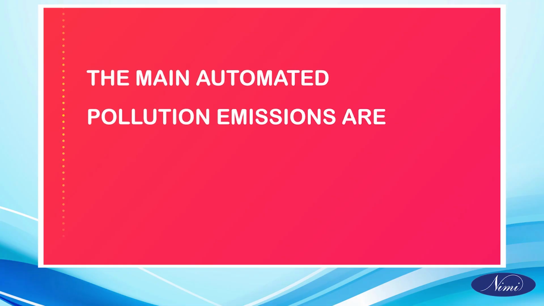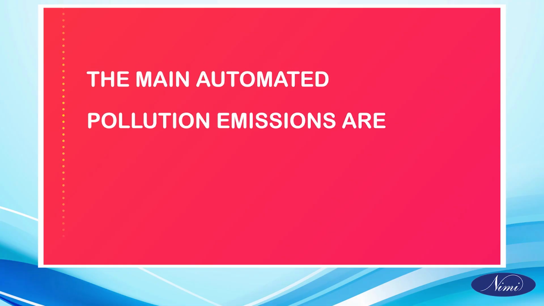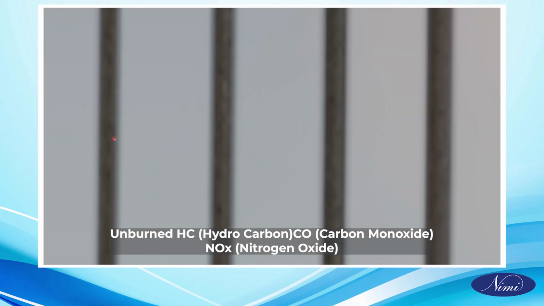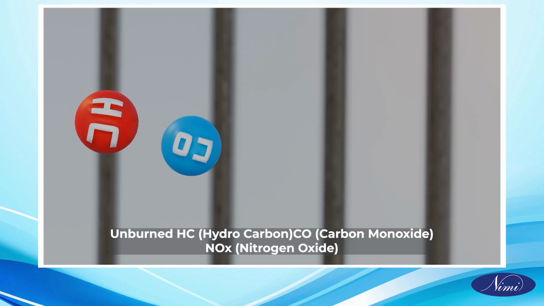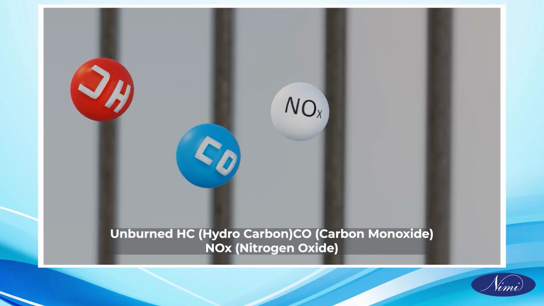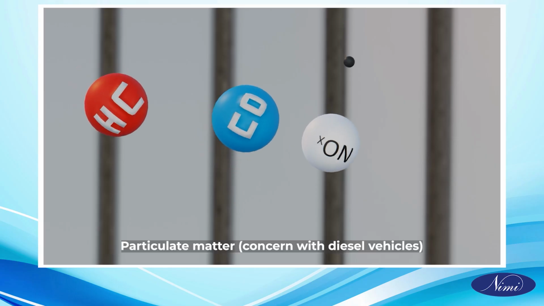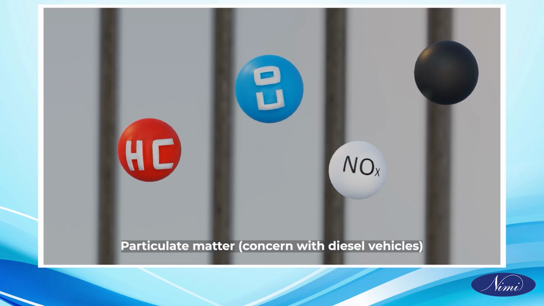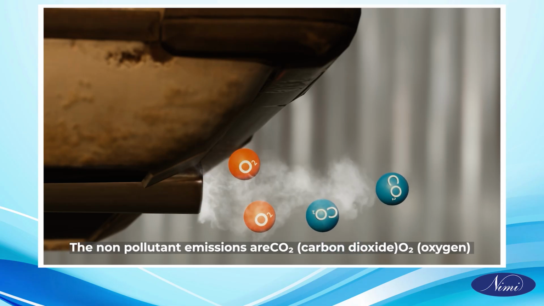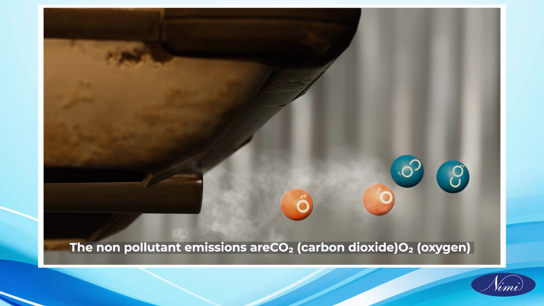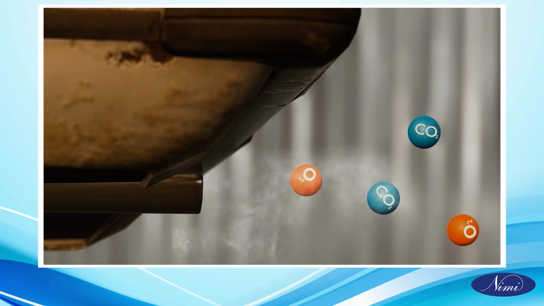The main automotive pollutant emissions are unburned HC, hydrocarbon, CO, carbon monoxide, NOx, nitrogen oxide, and particulate matter, which is concerned with diesel vehicles. The non-pollutant emissions are CO2, carbon dioxide, and O2, oxygen.